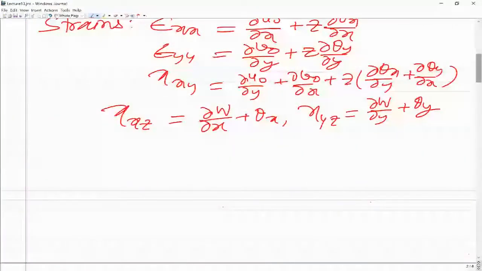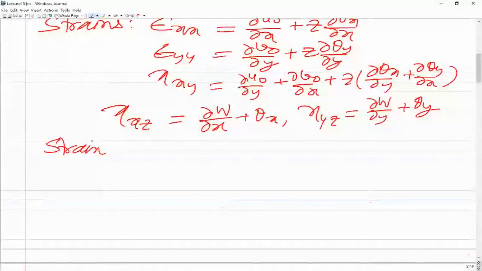So strain energy you are going to write as half of the integration over volume of sigma transpose into epsilon plus tau transpose into gamma. And then you do the explicit integration with respect to z.